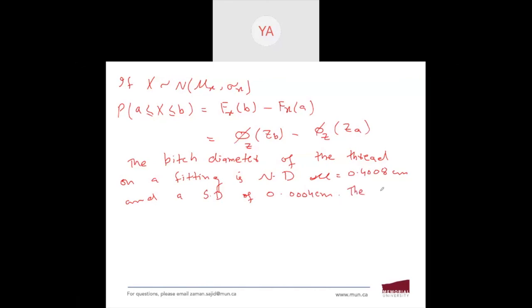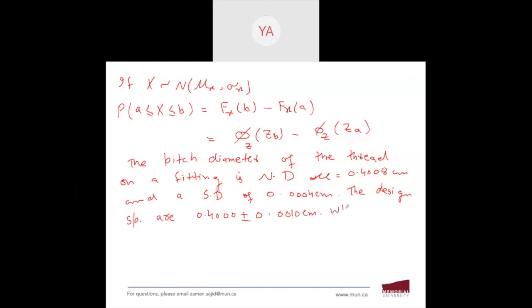The design specifications are 0.4000 plus minus 0.0010 centimeter.